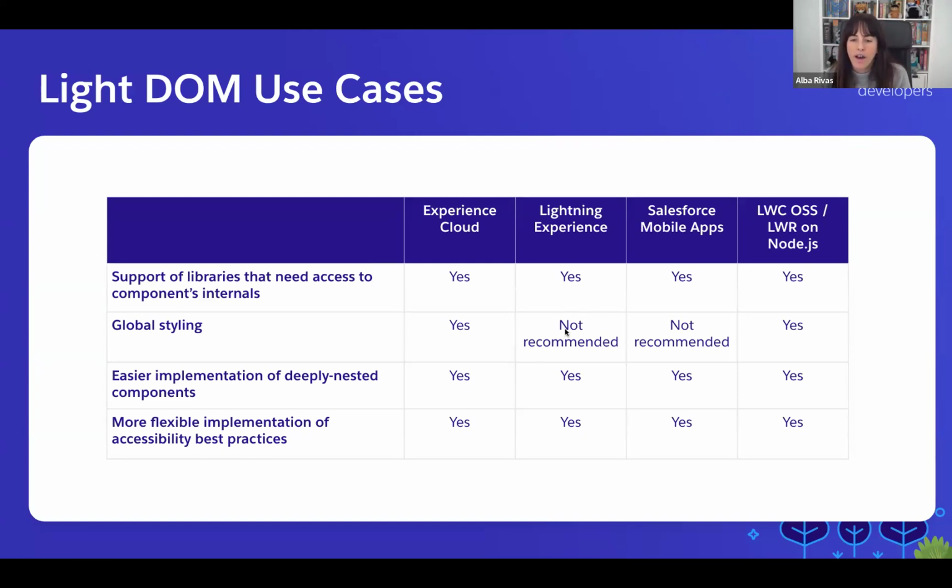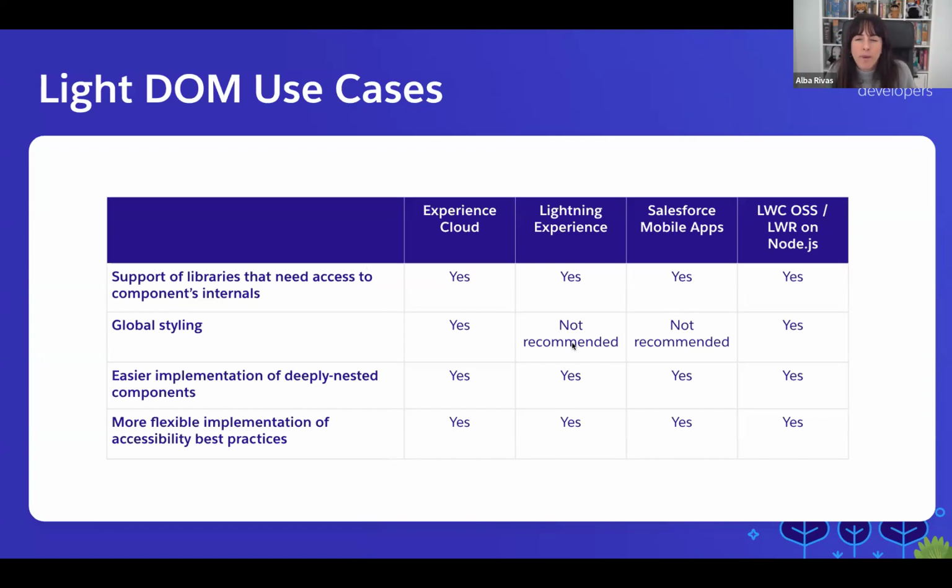Here I have two "not recommended" tags in the global styling use case, and I would like to explain why that is. Applying global styling, I mean letting other global styles style your components in an Experience Cloud site that you fully control, is okay because you have full control of what's being exposed on that page.